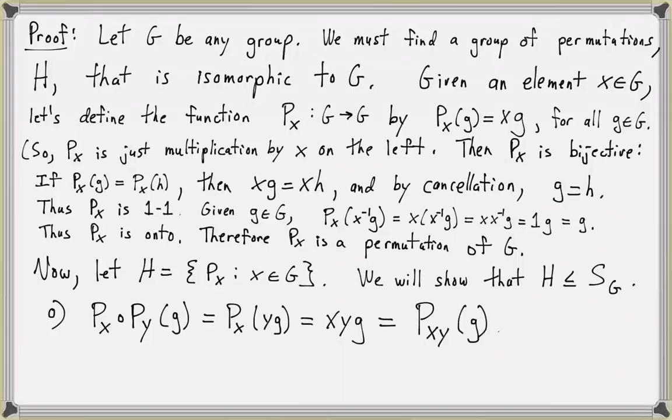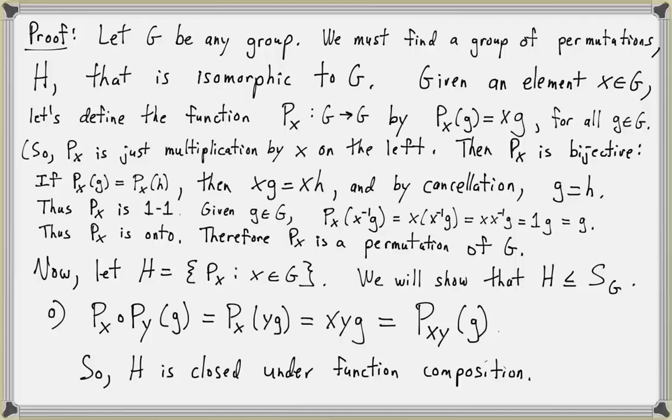So we see that H is closed under composition because p sub x composed with p sub y is just the permutation p sub x times y. So H is closed under function composition. Function composition is always associative, so axiom 1, we know that any function composition is associative.